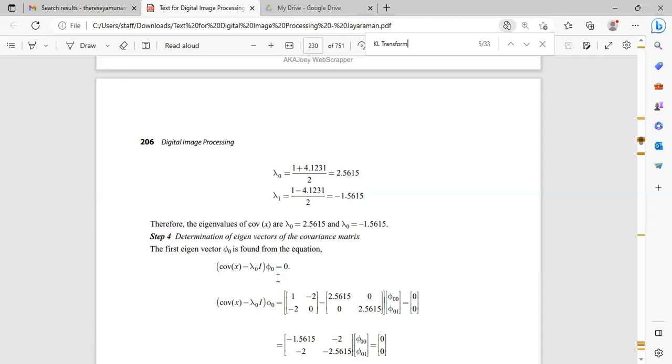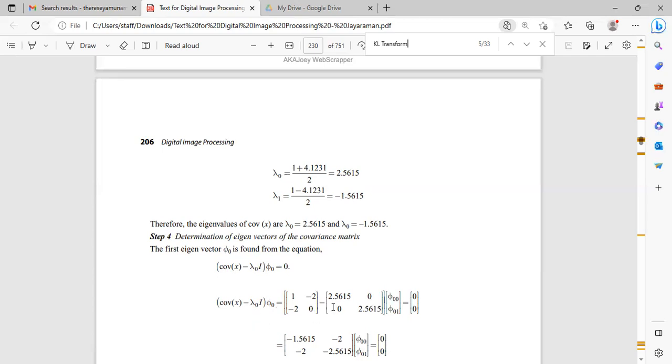So substitute phi naught in this equation. Covariance of X minus lambda naught into I into phi naught equal to 0. Substitute the values for covariance of X and substitute the value for lambda naught. So lambda naught will be 2.5615.